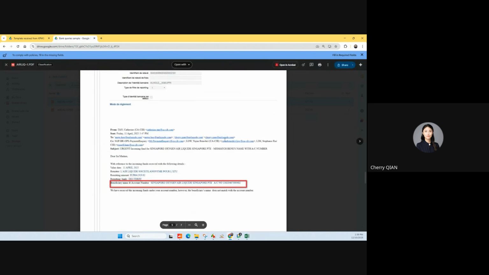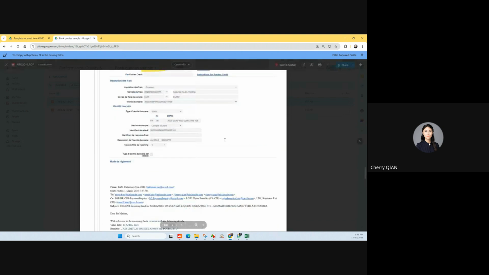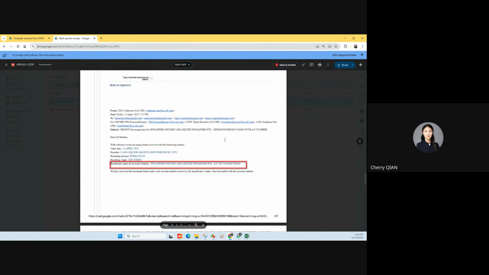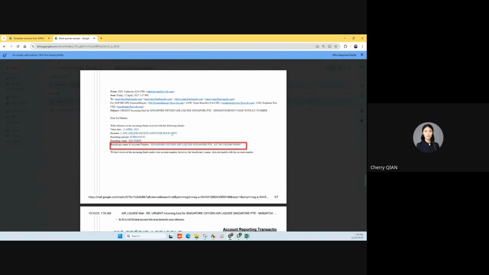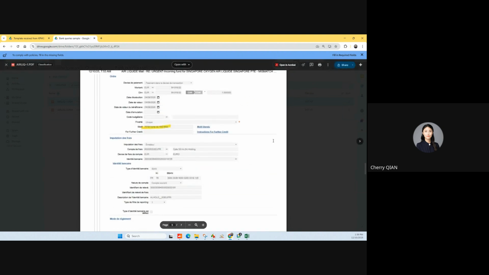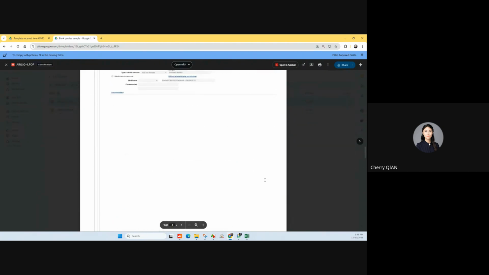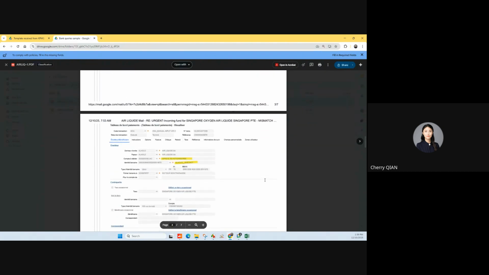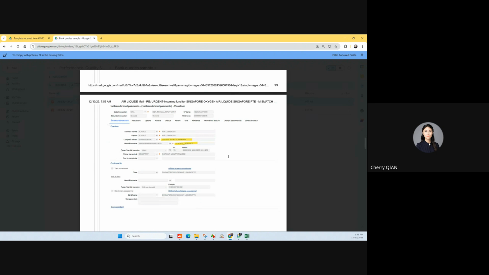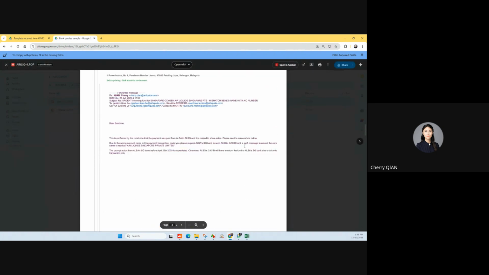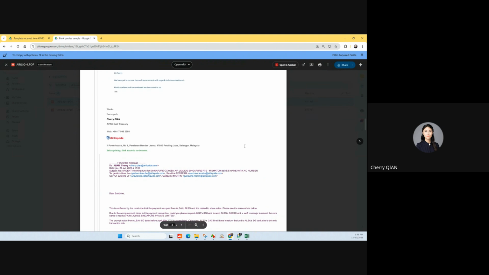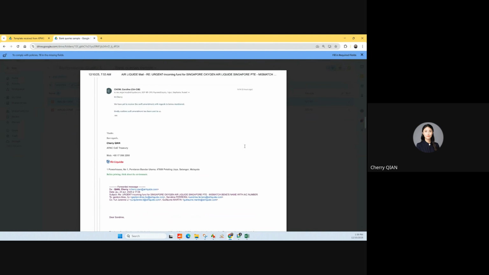So when you receive this kind of query, what do we do? It's very simple. You look at whether it's internal, which is easy to cross-check. So we can see this is from the group. Then you direct your queries to the group cash management team, and they provide the necessary information to you, and then you give enough justification to the bank side to confirm.